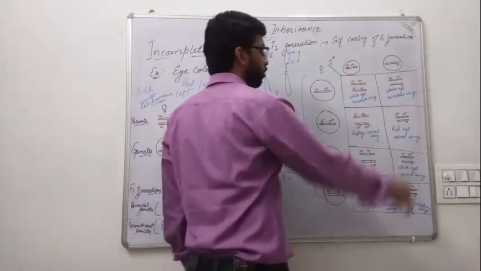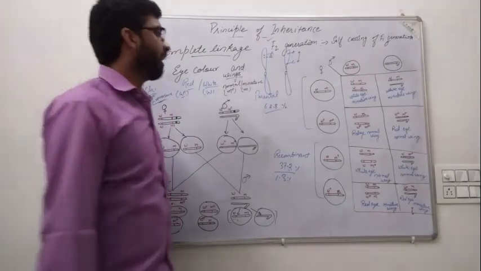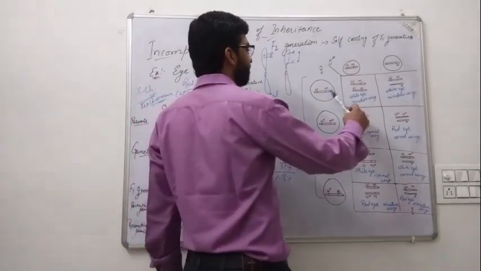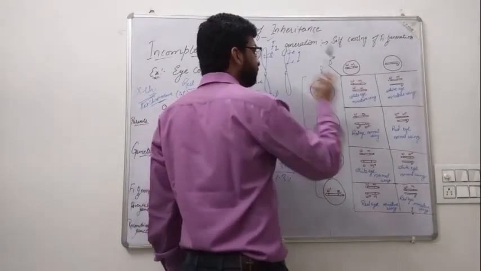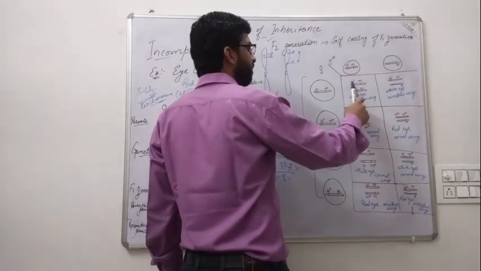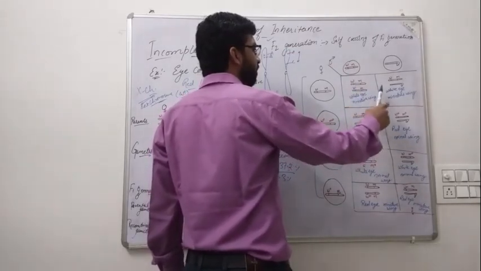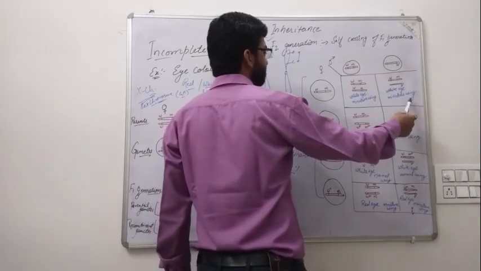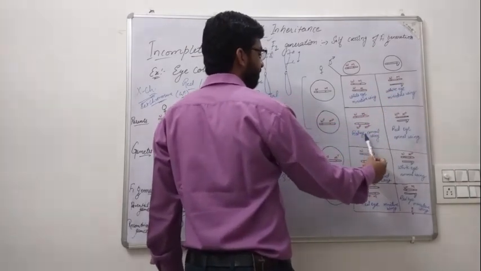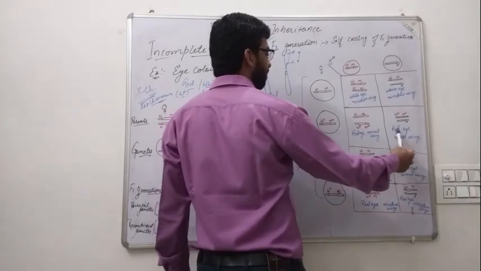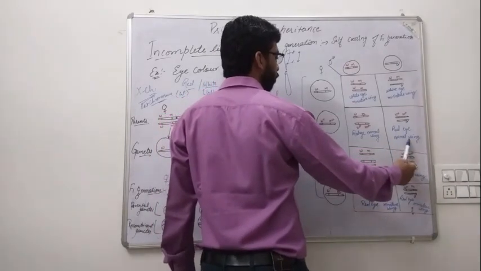We crossed all of these and found the result. The phenotype result is white eye miniature wing, and the male also white eye miniature wing. Female red eye normal wing, here male red eye normal wing.